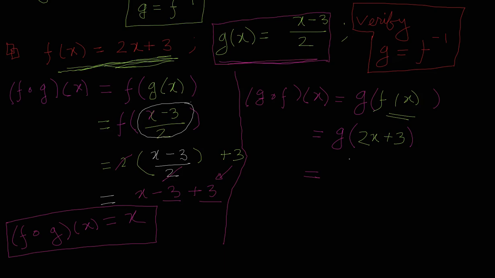So I supposed to have x, and then minus 3 over 2. So that is my definition of function g of x. Now in this case I need to find not function g of x, rather function g of 2x plus 3. So I need to replace x with 2x plus 3.